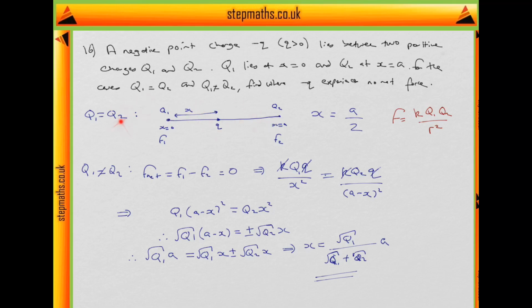So there can't be no net force. Similarly, if Q1 is greater than Q2, we have a very large positive value, so we're going to have that over here. And again, we have a negative charge being pulled by two positive charges, so that simply won't work. So we have to see that it lies in the middle of them, which corresponds to the plus value.